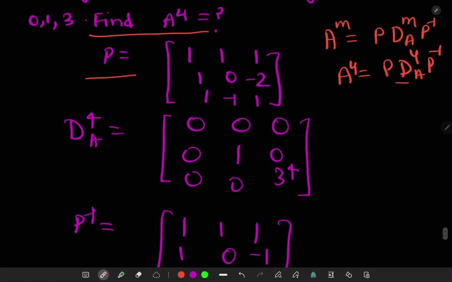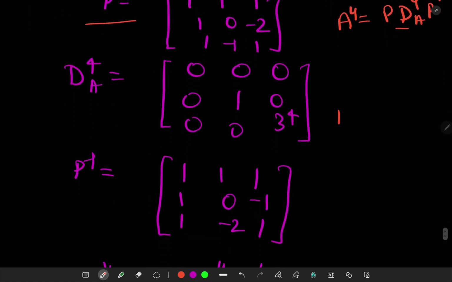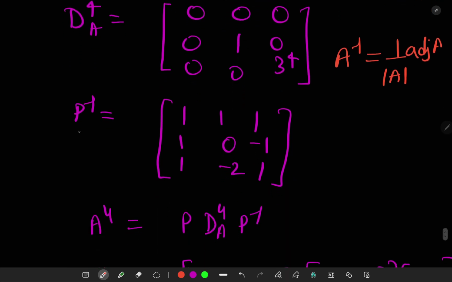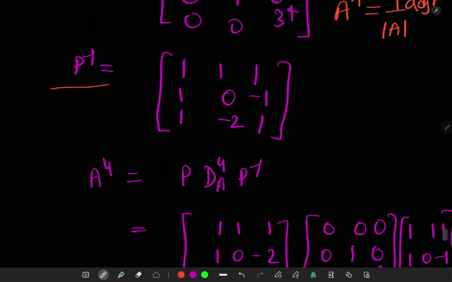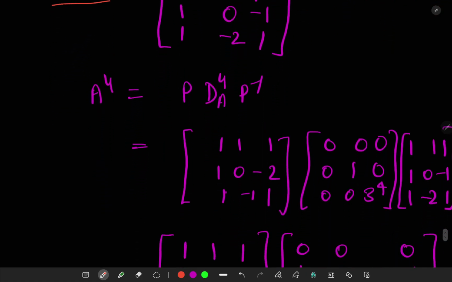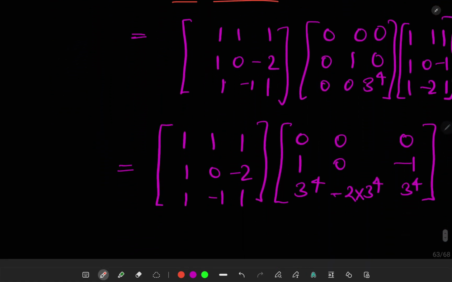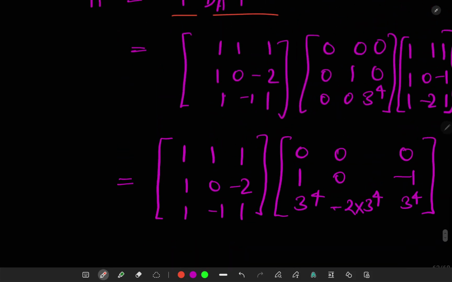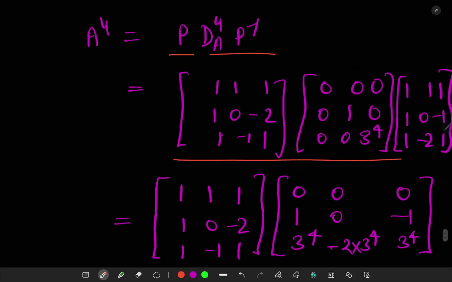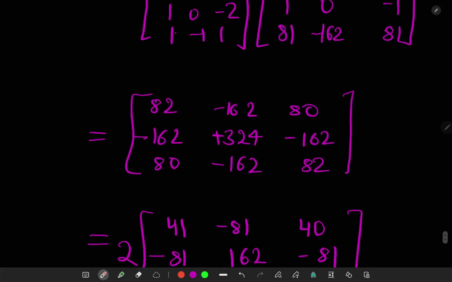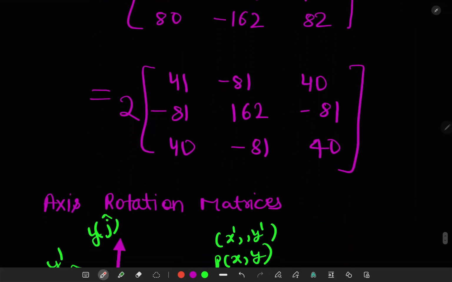And using the property A inverse is equal to adjoint of A divided by determinant of A, we get the value of P inverse matrix. Now we put this value in this formula. On solving this we get this. This is our final answer.